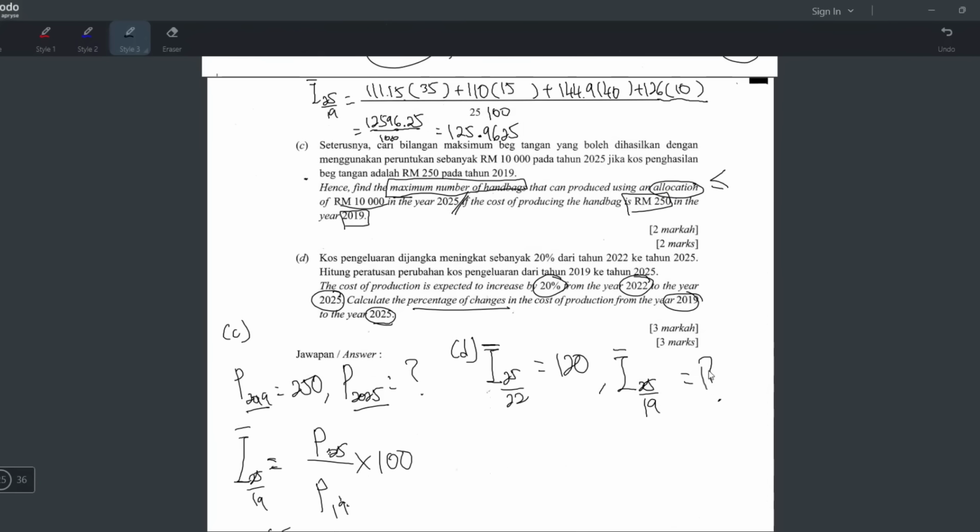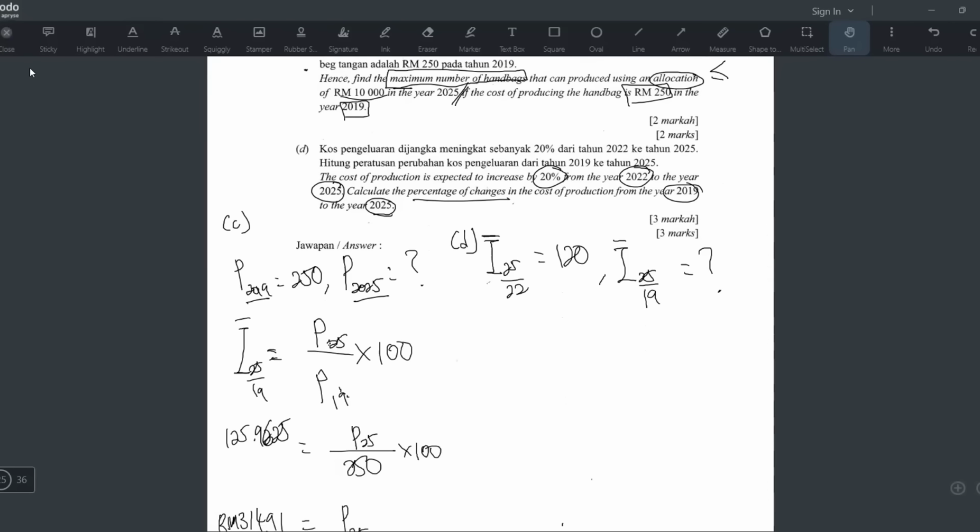But if I write 125.9625 here, then I definitely know the percentage change already. I have to write increase, because they ask for percentage change, so you have to write increase or decrease. So it'll be an increase of 25.9625%, right? But then if I do like that, this information becomes useless already, right? And also this question is worth 3 marks. So I don't think it's that easy.